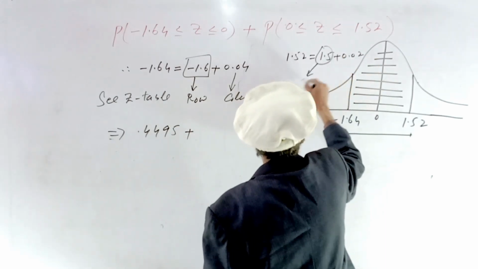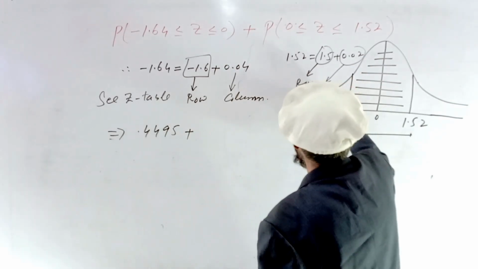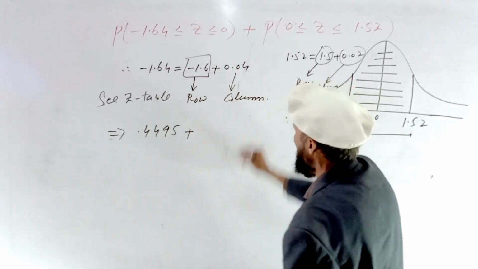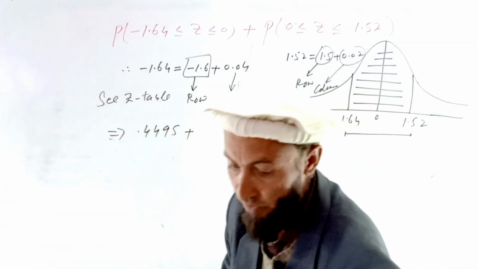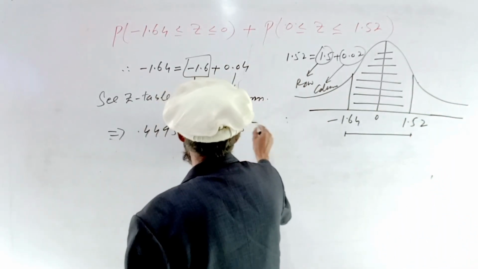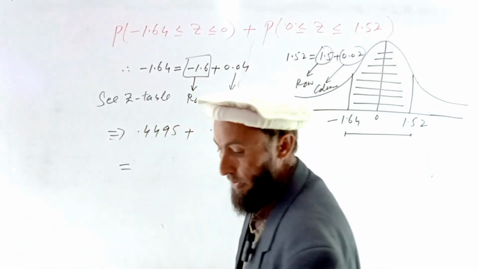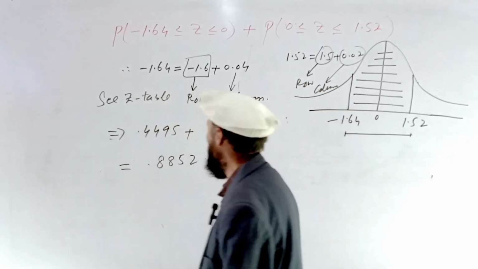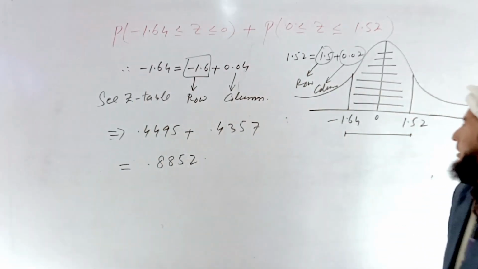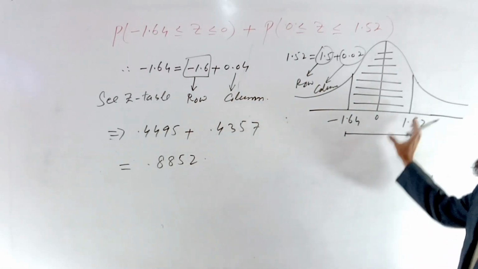We check the row, and 0.02 in the column of the Z table. The result is 0.4357. We add these two values and get 0.8852, which is the required probability. That is very simple, we just find the probabilities between two values.